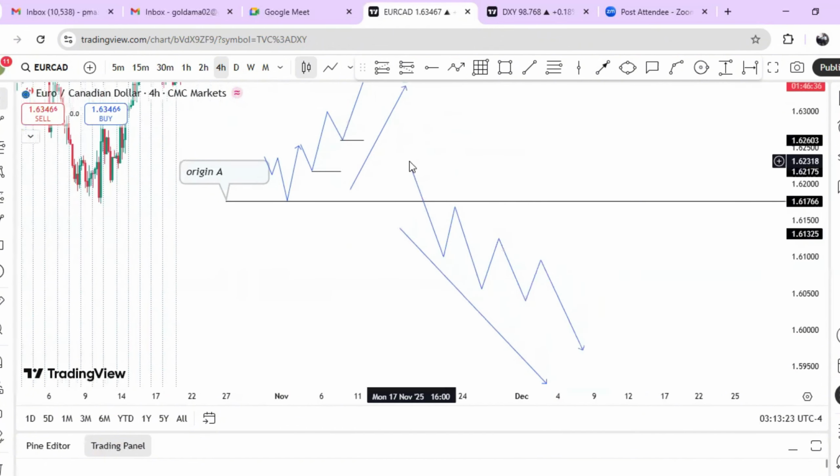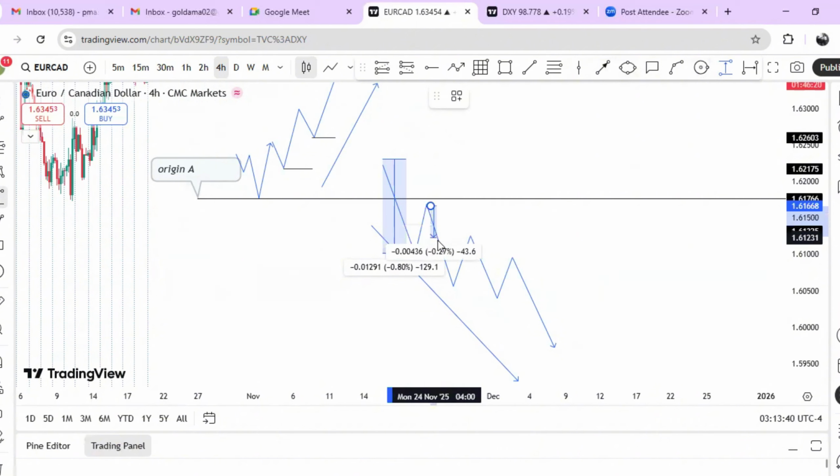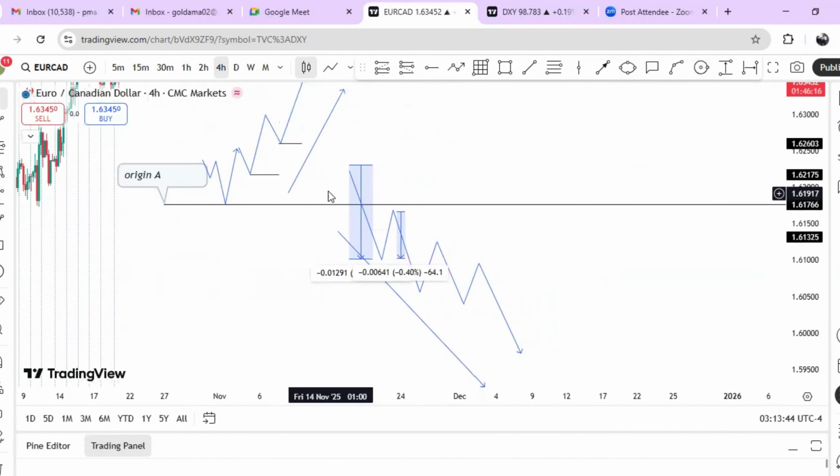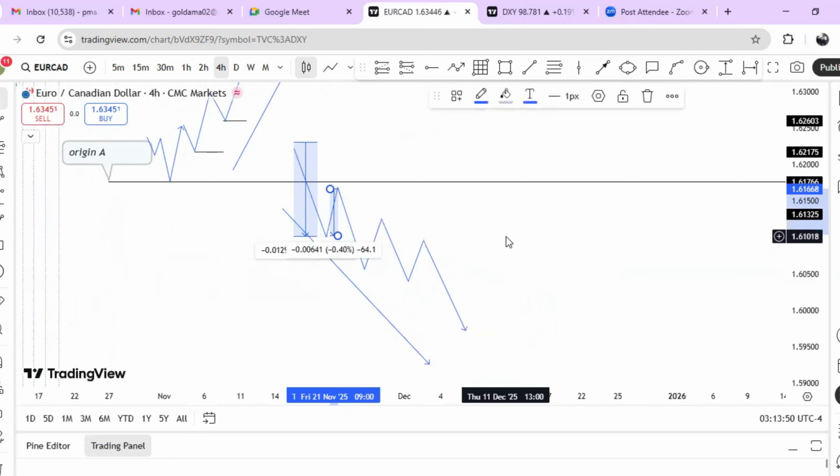What do I mean? If you check bullish, if you check this leg now, we had this first push, which was around 120 pips. That's the impulsive push. The correction now, check. 50 pips, okay, 60 pips. Half the length of the impulsive push.